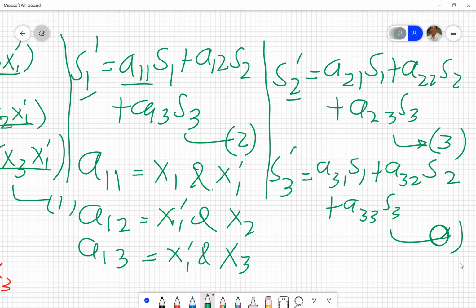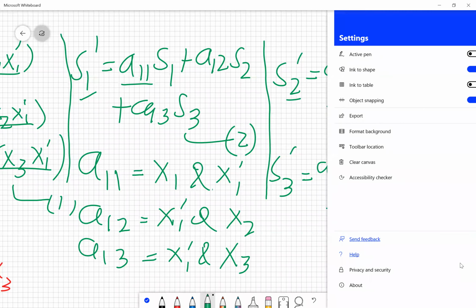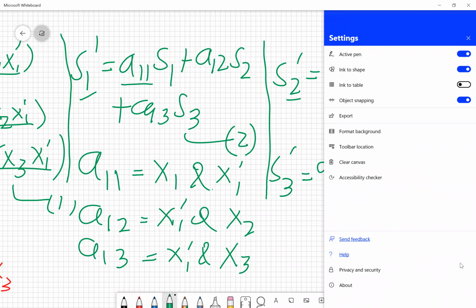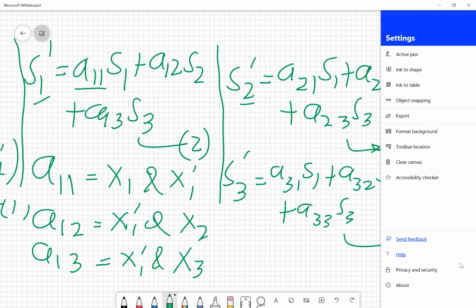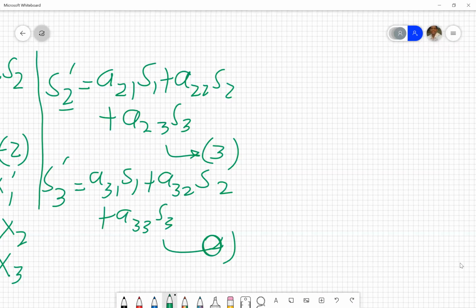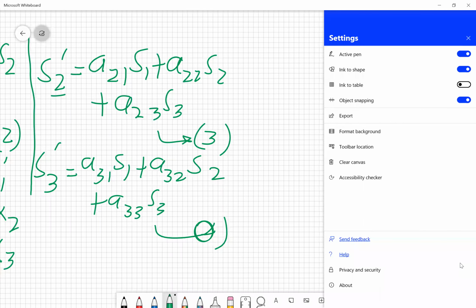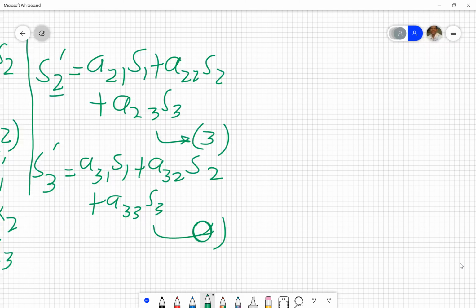Now we can write s1, s2 and s3 in a simplified format also. How do we write equation 1, equation 2 and equation 3 in a simplified format?